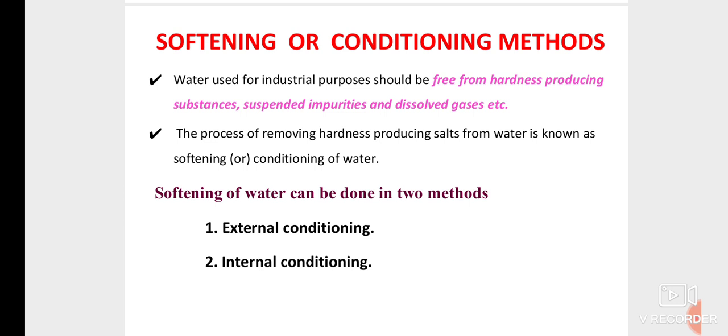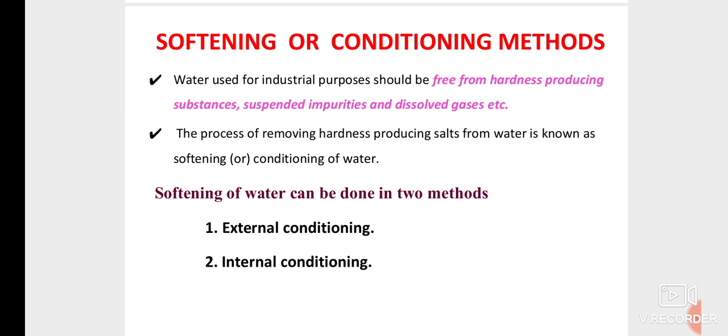So I told you, water has various impurities from different sources, and we have to remove those impurities from the water. That method is called treatment of water, softening of water, or conditioning methods of water.